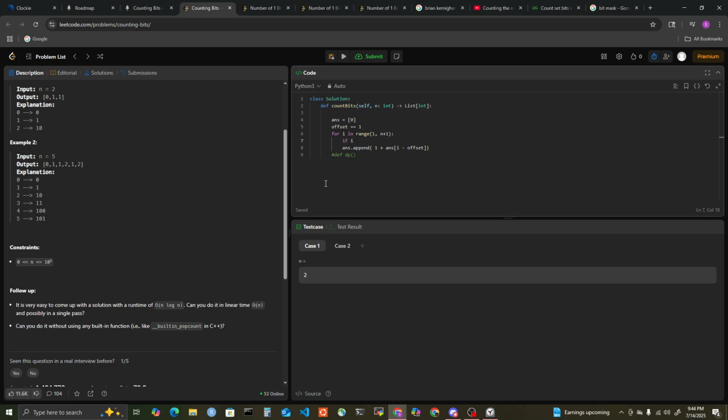If i is equal to offset times 2, then offset times equals 2, right?